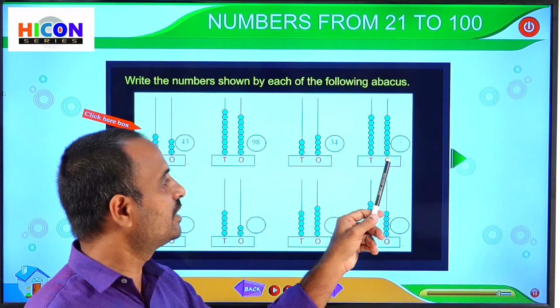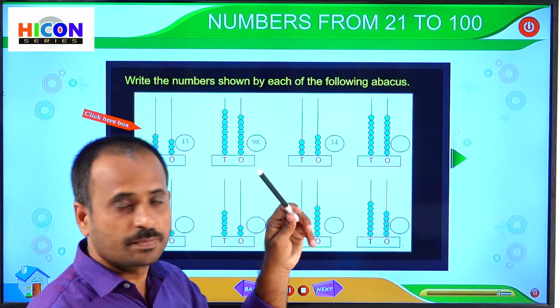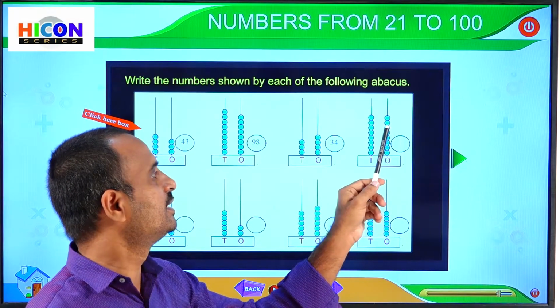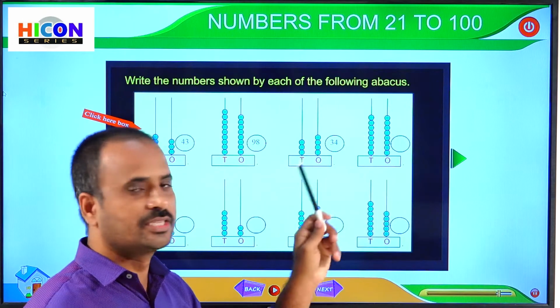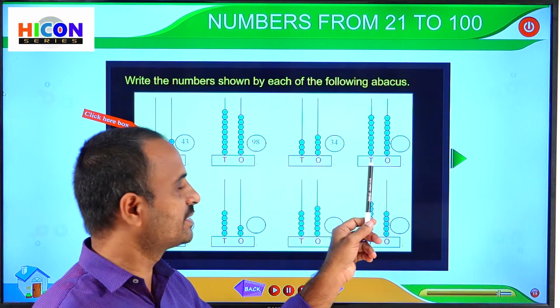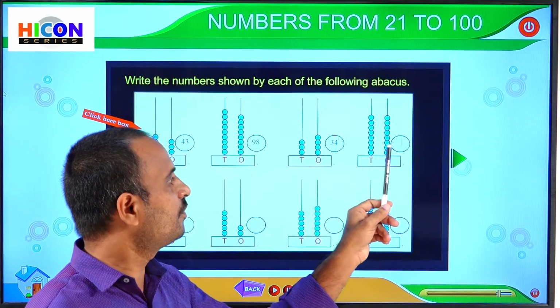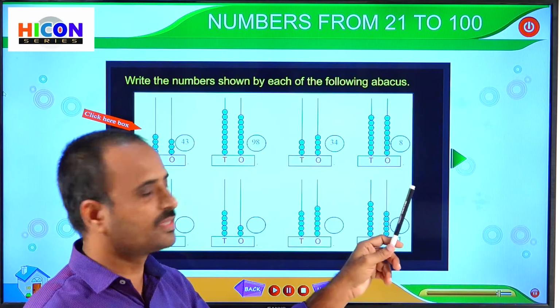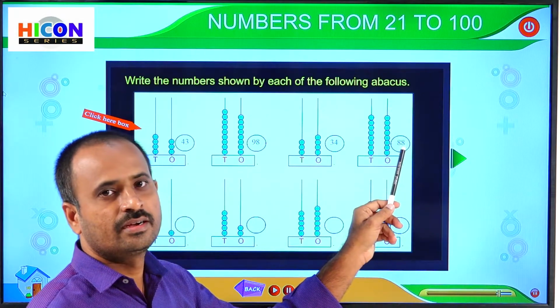And how many beads are there on the ones spike? On the ones spike also there are 1, 2, 3, 4, 5, 6, 7, 8. So on the ones spike also there are 8 beads. That means 8 is present in ones place. So first write 8, and 8 is present in ones place, again write 8 next.